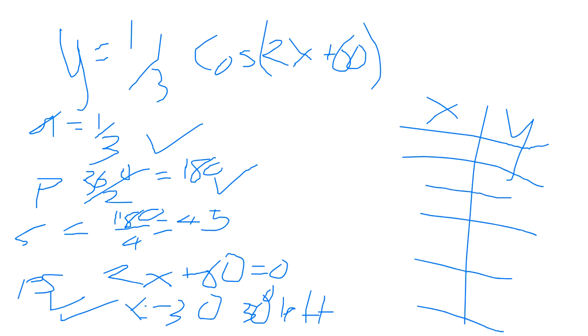So what do we have? The first one is 0. Then our interval is 45. Our next interval is how much? 90.